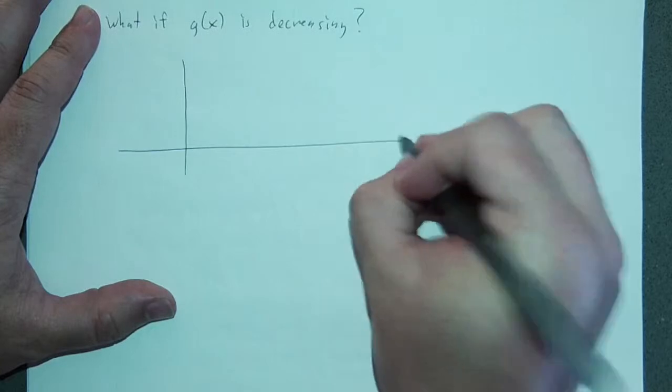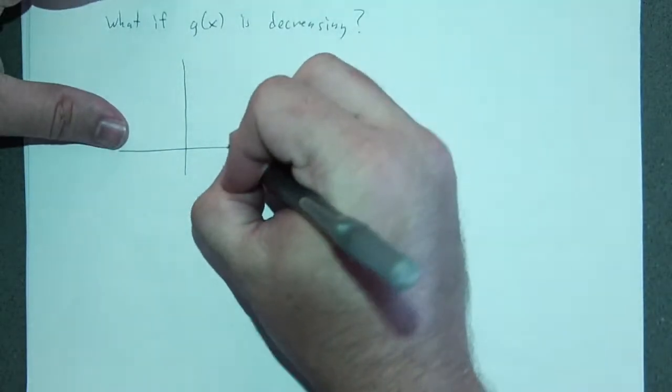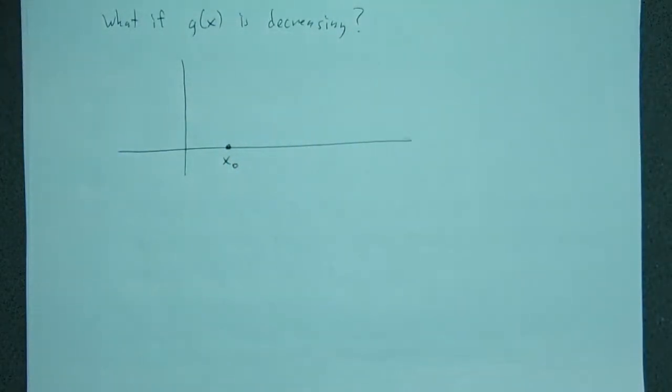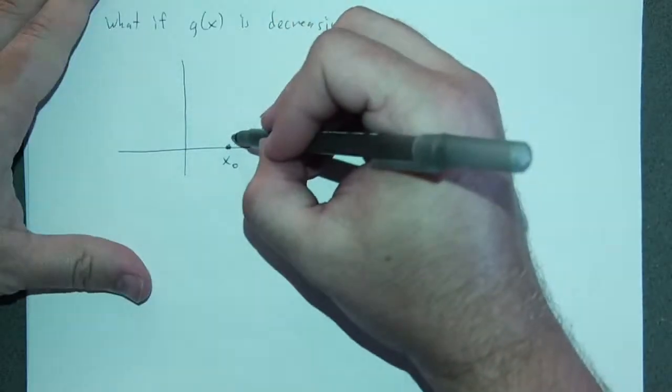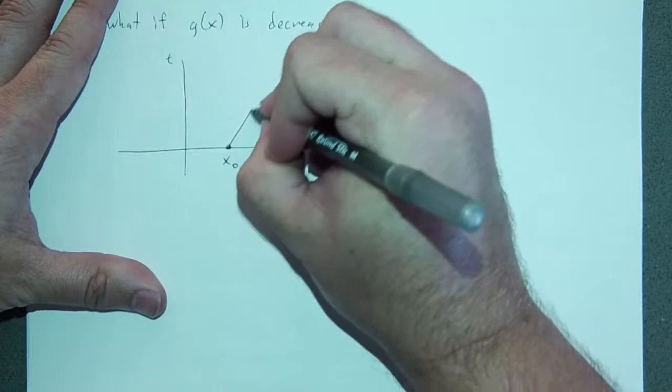So what if I have an x naught here, and we'll say that the slope of this x naught is, with respect to t, a line that looks something like this.